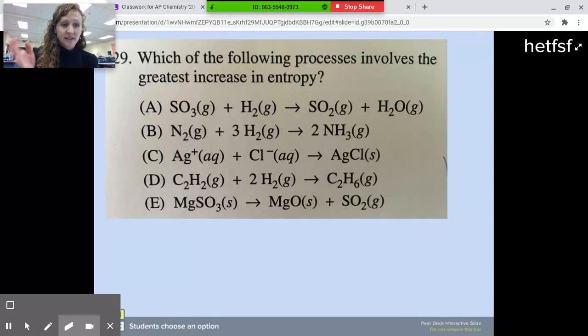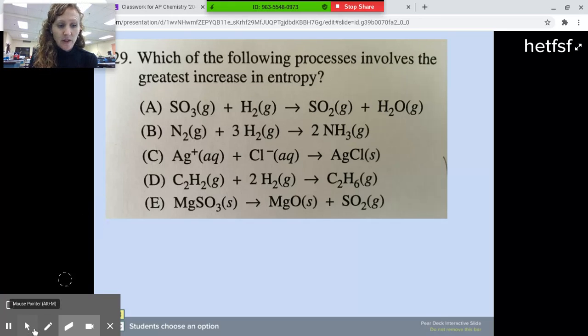Gases are going to be more filled, more disordered, right? Less moles of gas to more moles of gas would be an increase in disorder, as would an increase in temperature, and then creating an aqueous solution from a polar covalent molecule. We're really seeing this practice operate off of that little box of definitions so far.